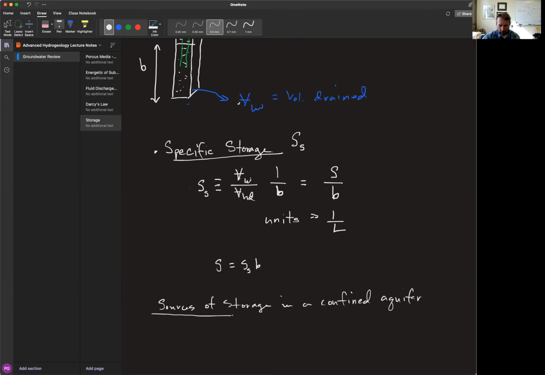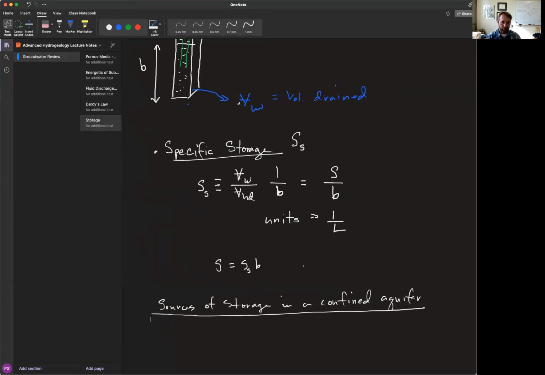All right, so let's imagine this mythical confined aquifer that receives no lateral flow from anywhere. It's what we call completely confined. It has an upper layer, a bottom layer, and 2 sides, and no water is allowed to move into this aquifer.